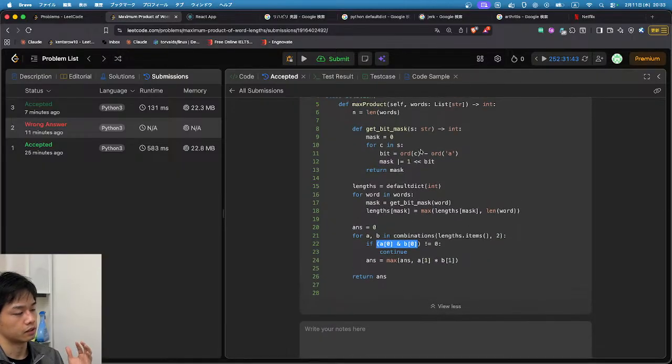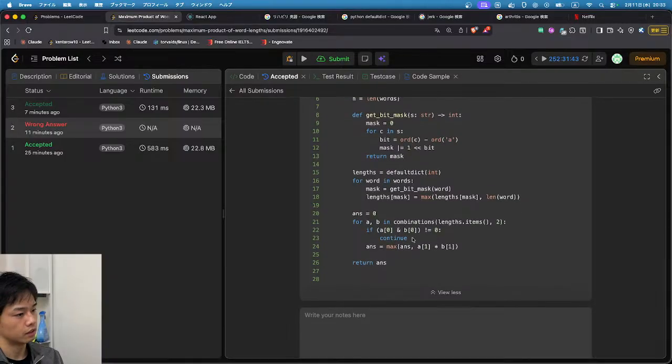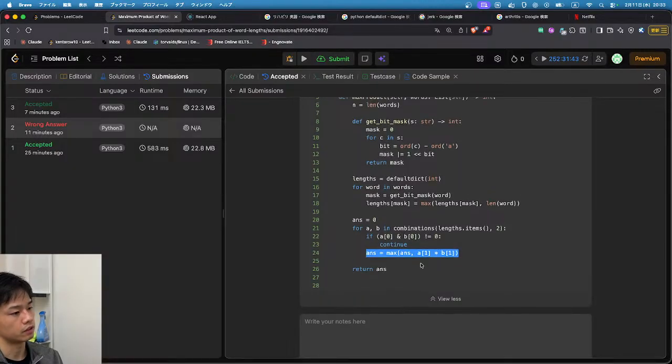Because each letter has a corresponding bit, and if it is not 0, they have a common letter, right? And if not, we can calculate the multiplication and update the answer. That's it.